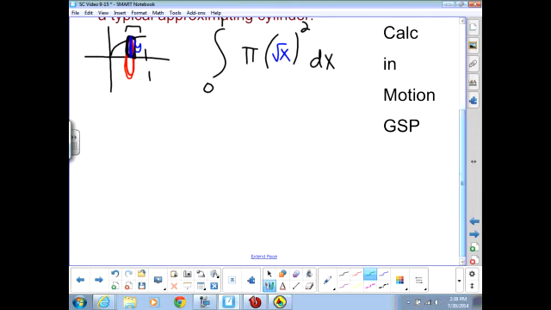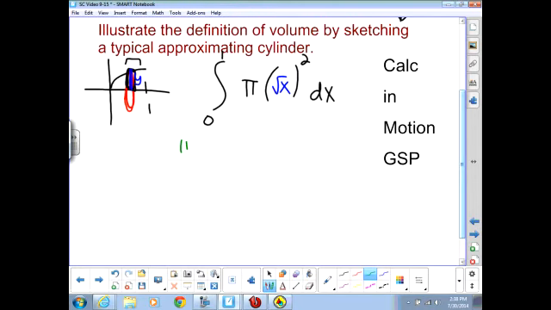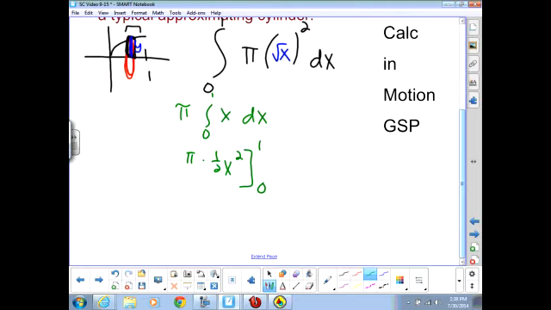Our pi, because it's a constant, we can pull it out front if we want and worry about it later. Square root of x squared is just x, and we've got dx. Well, x will go up to x squared over 2. We'll have 1/2 out front, and we'll still have that pi. We've got to evaluate this from 1 to 0, or 0 to 1. So we'll have pi out front.